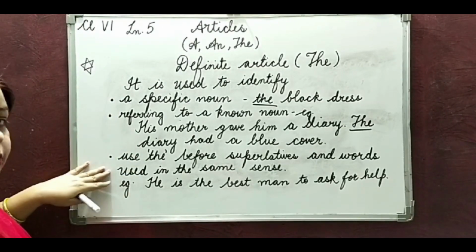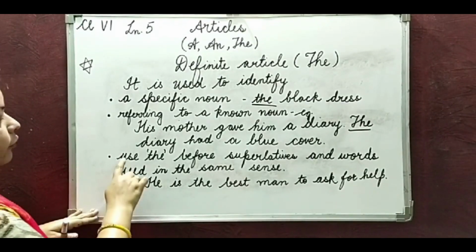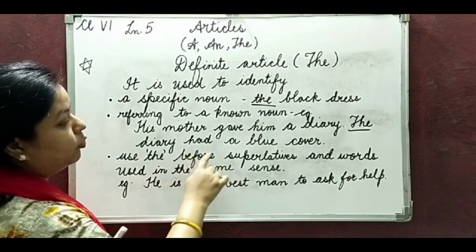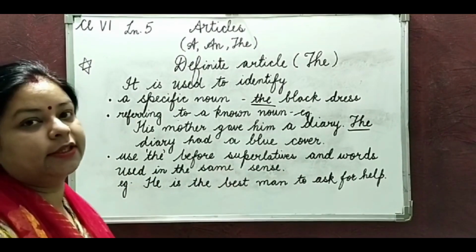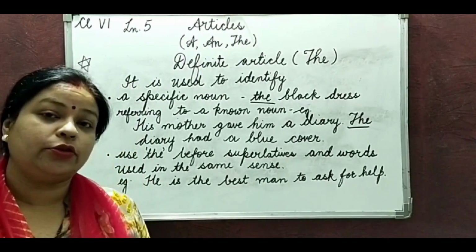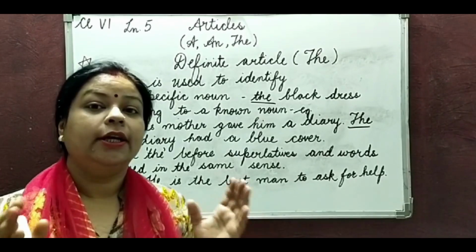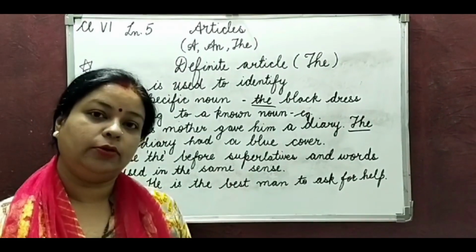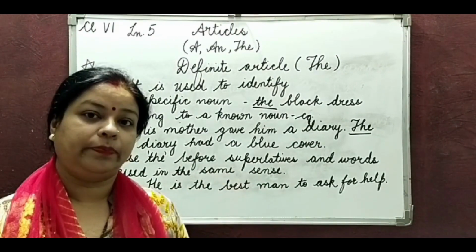Now the next point where we use the article the: we use the before superlatives and words used in the sense of superlatives. You have studied degrees of comparison of adjectives in your classes, where you learned that whenever we talk about the superlative degree, we use the article before it.